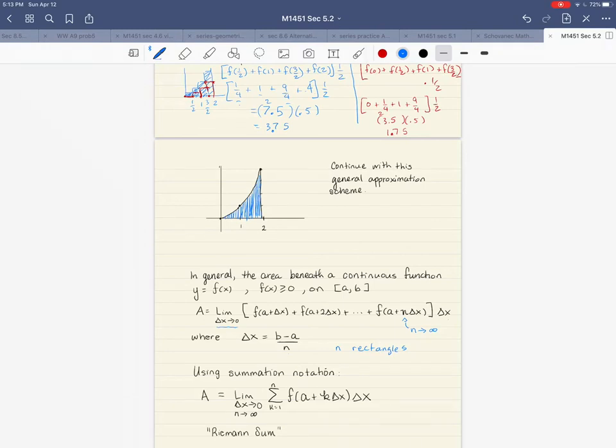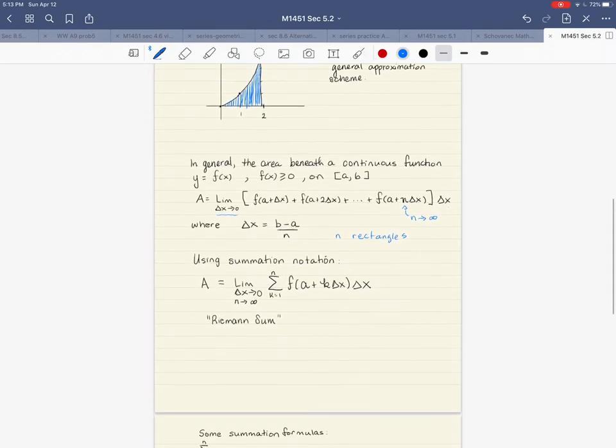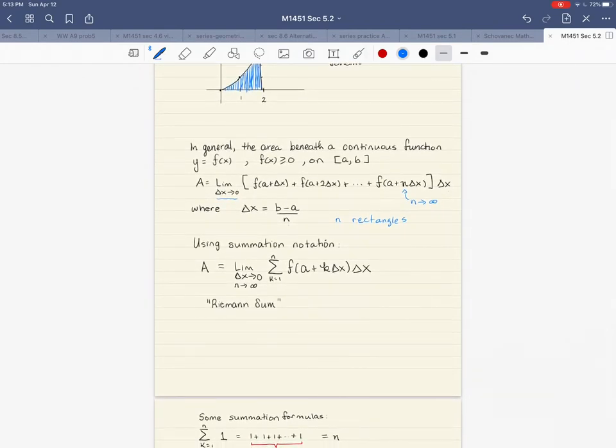Now, just like finding derivatives with the definition, this is not going to be the actual way we're going to find areas. This is just the idea behind it all. So I'm going to show you how to do this with a limit. I've taken this sum that I've written here, and I wrote it using summation notation.